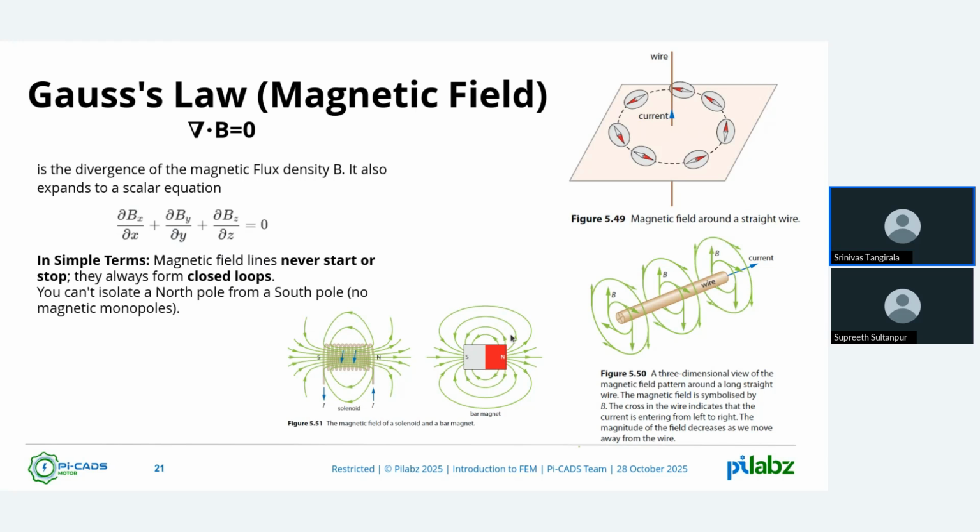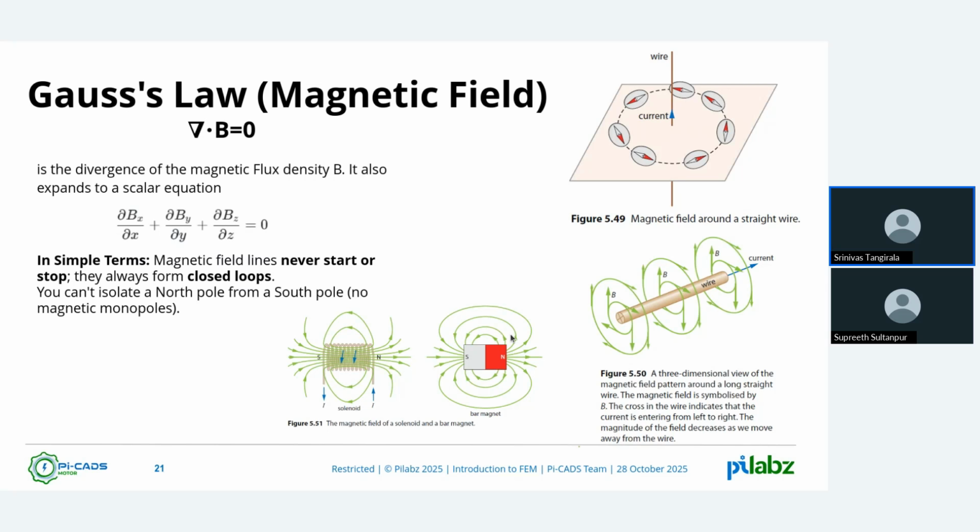Whether the field is in clockwise or anti-clockwise direction depends on the direction of the current. If the current is going upwards, then it is probably in anti-clockwise direction. If it is downwards, from top to bottom, probably the magnetic field will be in the clockwise direction. So the field direction also changes according to the direction of the current.